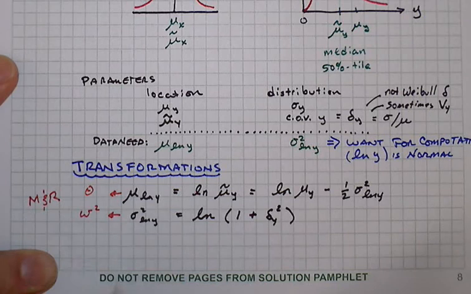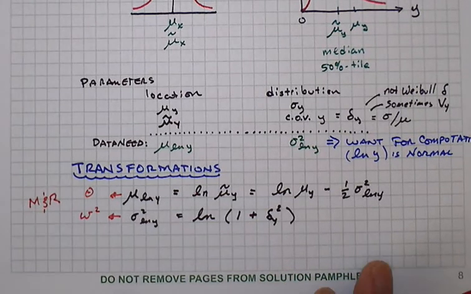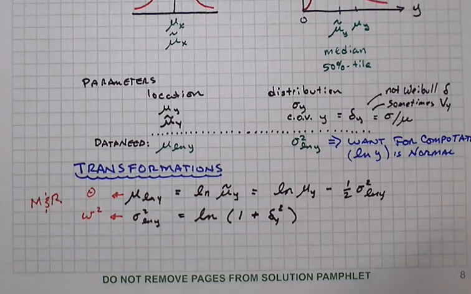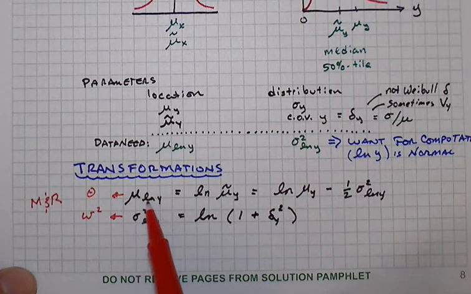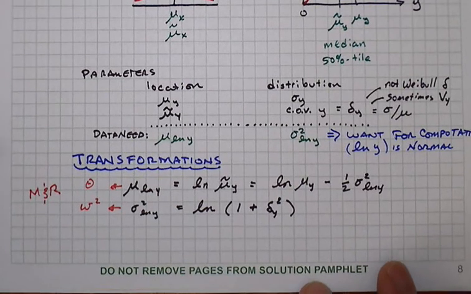And that's convenient for shorthand because you don't have all the subscripts running around, although it's not so convenient in terms of remembering what theta and omega squared actually represent. That theta is the mean of the natural log of y, and omega squared is the variance of the natural log of y.